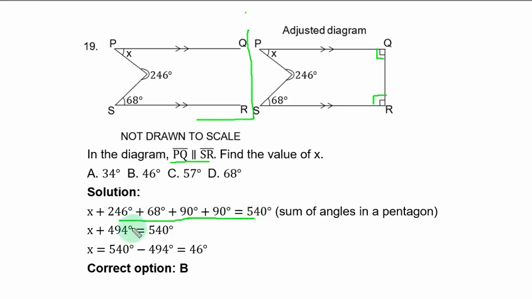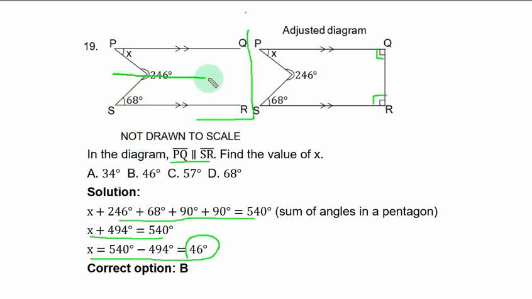540 degrees. So you have S plus 494 degrees equal to 540 degrees. Collect like terms, you have S equal to 540 degrees minus 494 degrees, and that is 46 degrees. Now you can do it this way. You can decide to bisect this place.